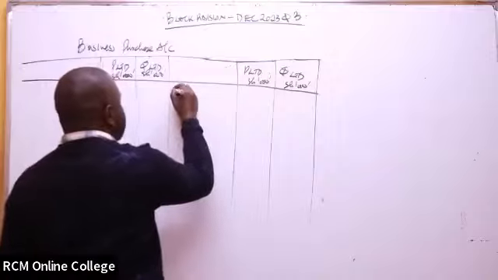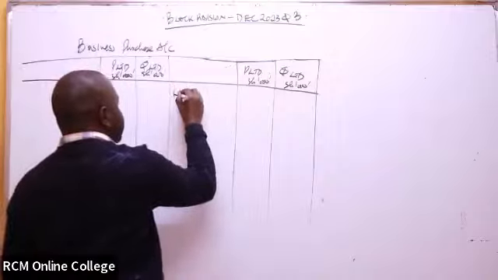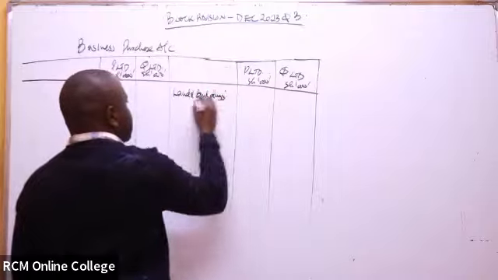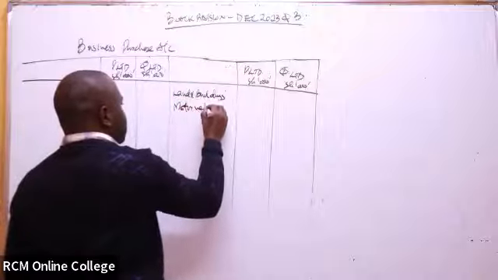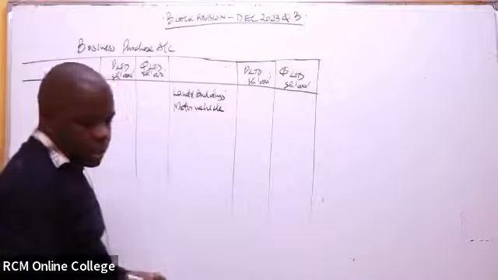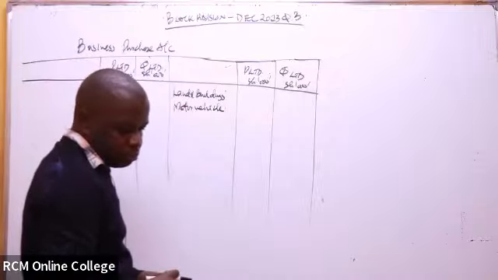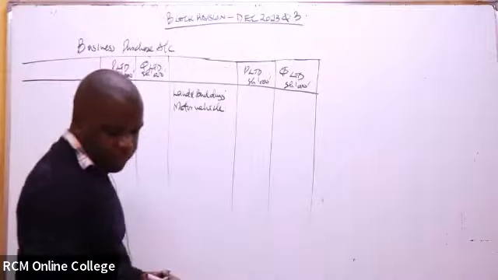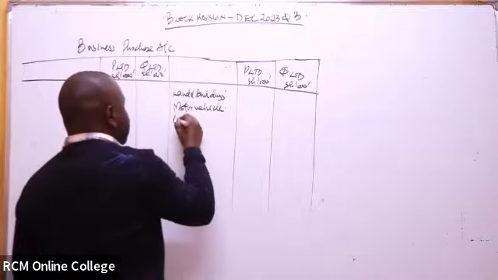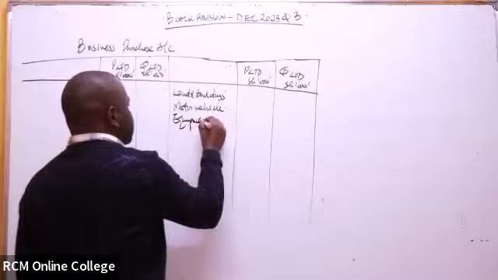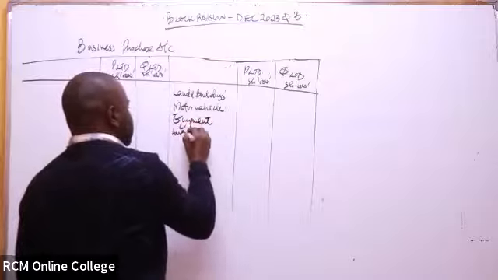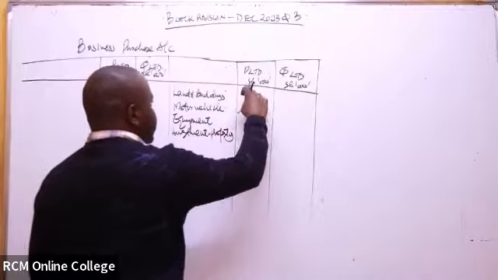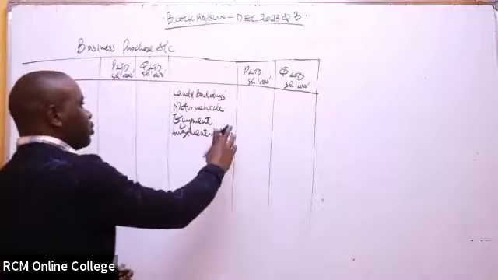So you credit all the assets taken over: land and buildings, motor vehicle, equipment, and investment property. All these ones were taken by P Limited. So we credit all the assets which are taken over.